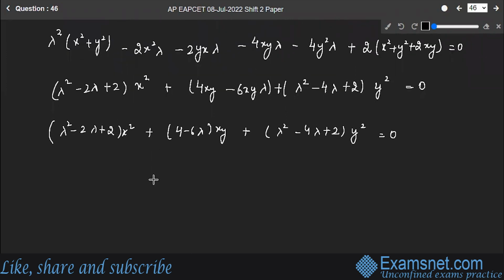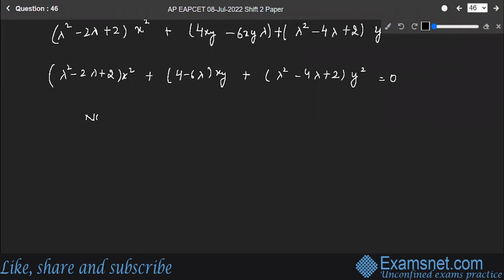Now angle AOB is 90 degrees. It's given to us. Here, O is the origin.